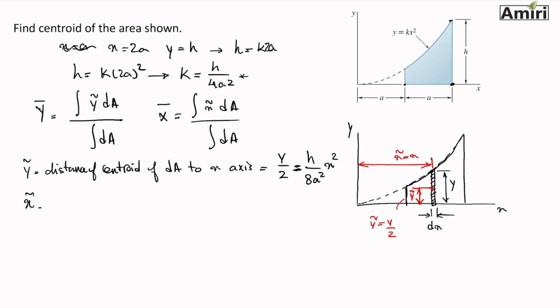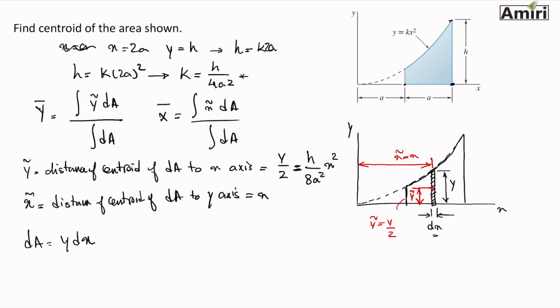X tilde is the distance, as I mentioned, of the centroid of dA to the y-axis, which in this case is just x. And then dA is that differential area, so I have dx multiplied by y, so it's y dx.